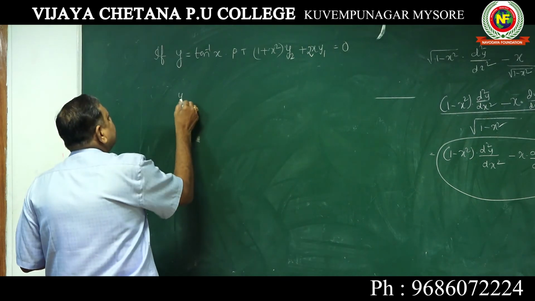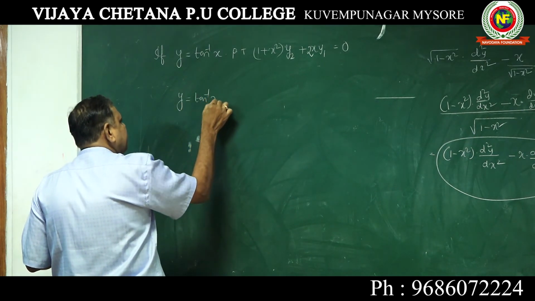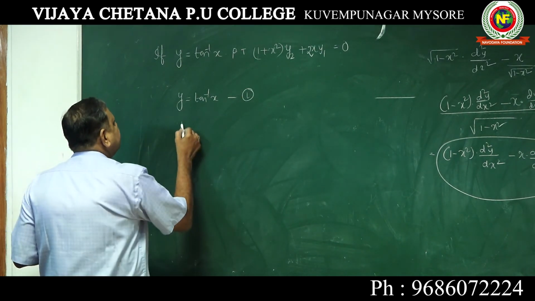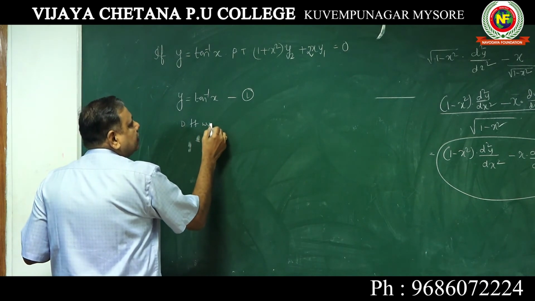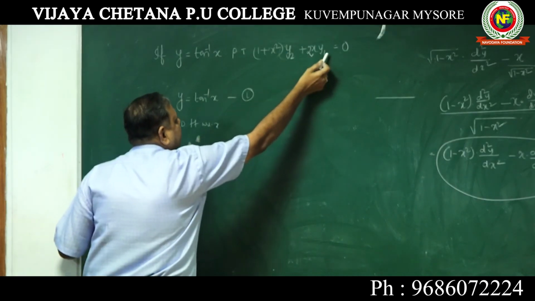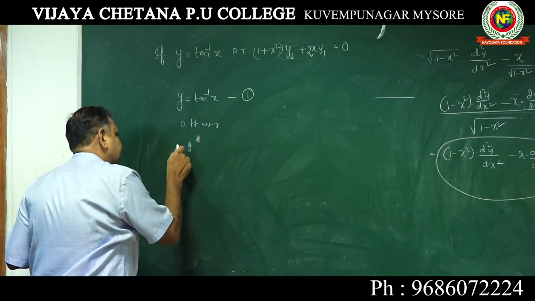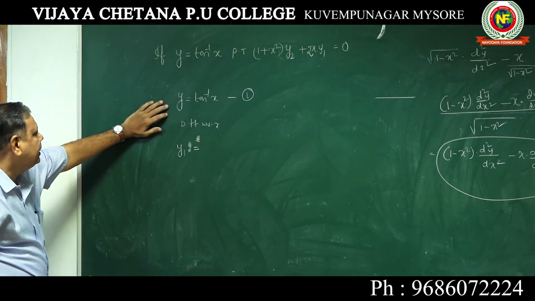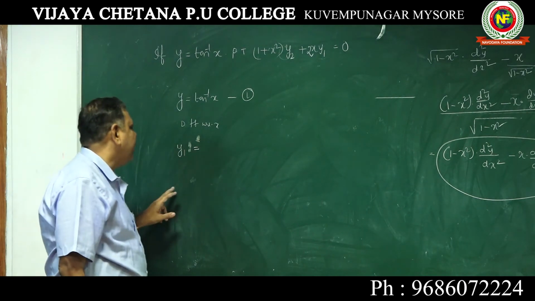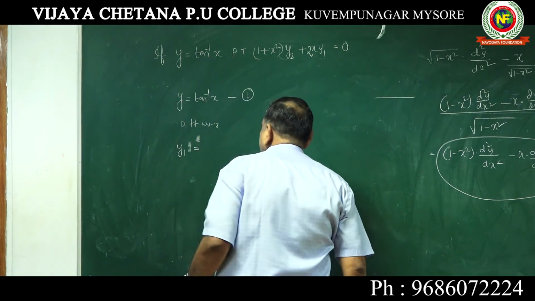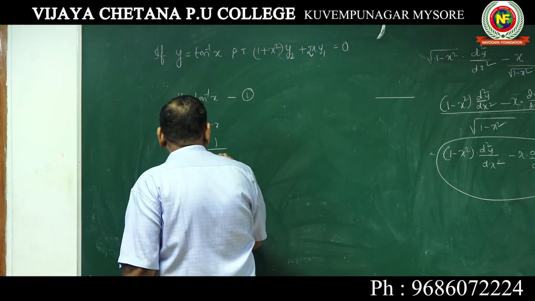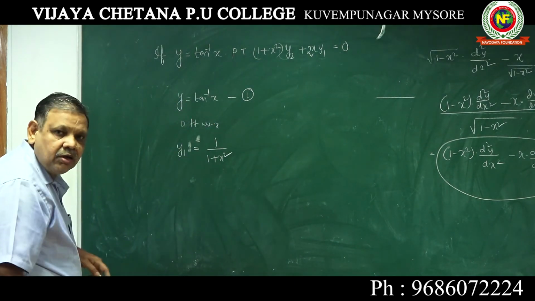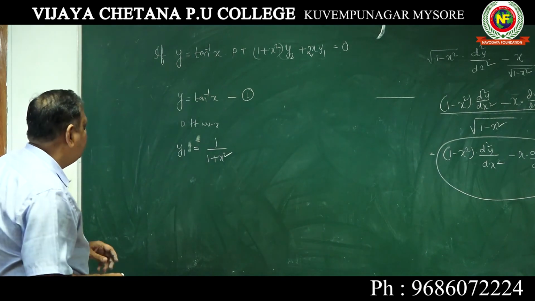y is equal to tan inverse x, call it equation number 1. Now differentiate with respect to x. Because they have given d square y over dx square, you take it as y1 itself. y1 is equal to the differentiation of tan inverse x, which you all know is 1 over 1 plus x square.